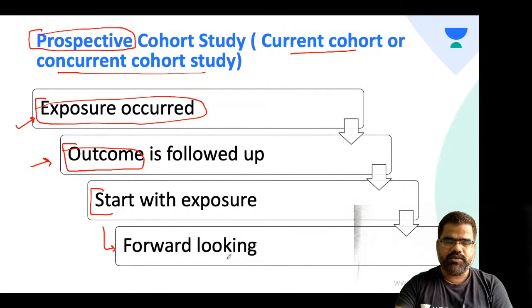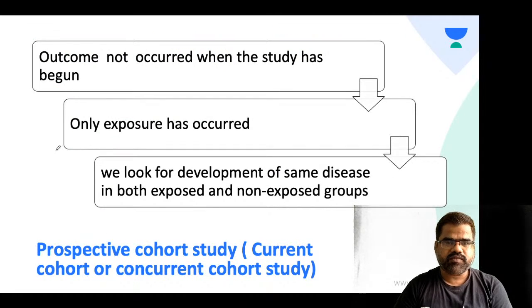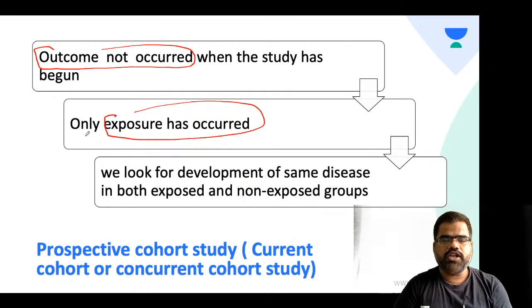Now let's see what happens. Outcome has not occurred. You have started the study when you are only exposing it, exposure. So outcome has not occurred. You start the study with exposure, so you are moving forward to see the development of disease in exposed and non-exposed group.